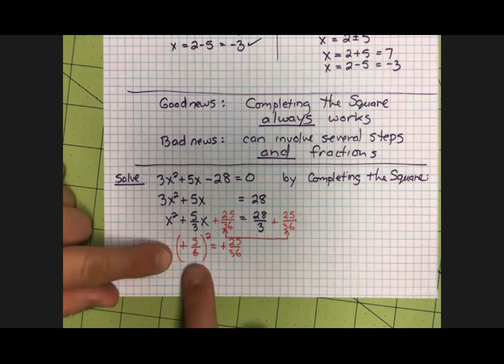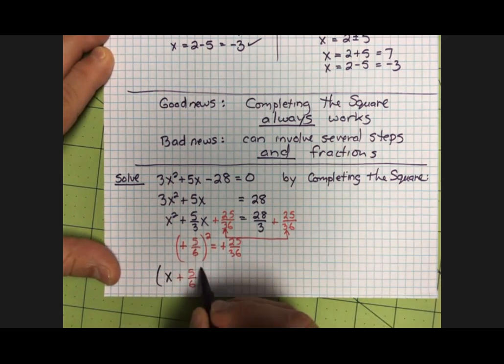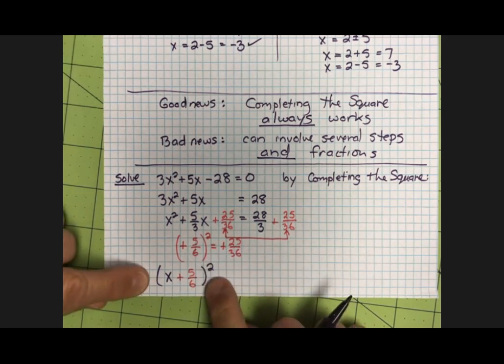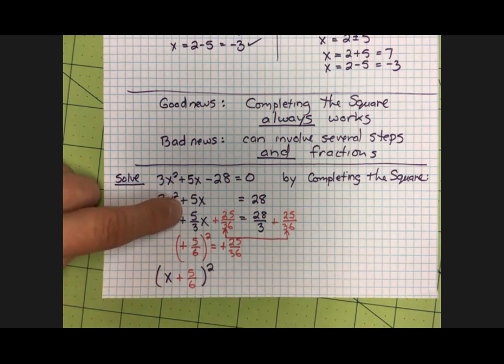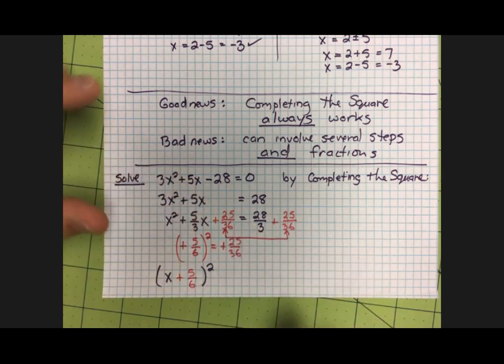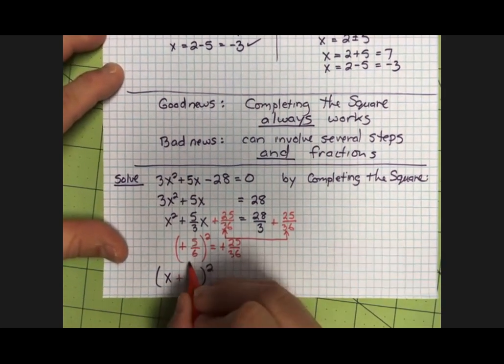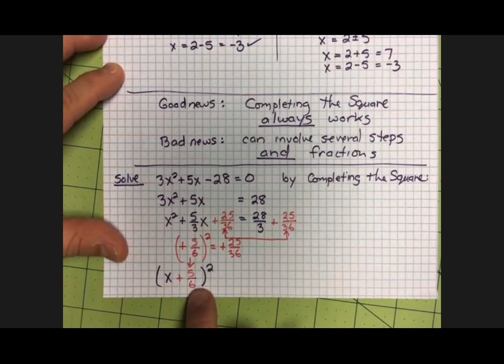All you got to do is drop down this plus 5/6 and square it. And this will produce, if you FOIL this out, x squared plus 5/6 x plus 5/6 x is 5/3 x, plus 5/6 times 5/6 is 25/36. So half of that 5/3 is automatically the number you write for your perfect square.